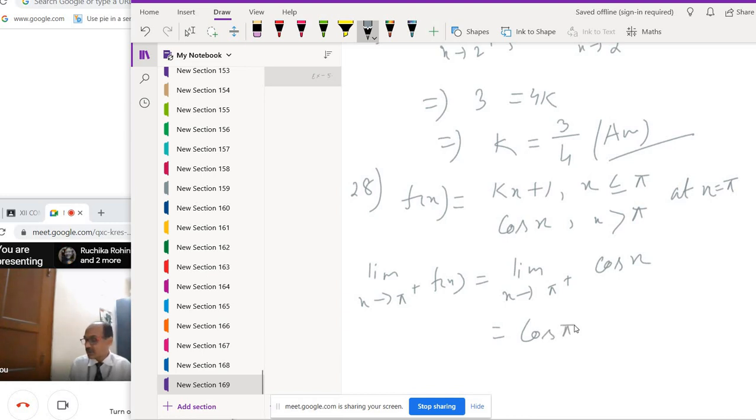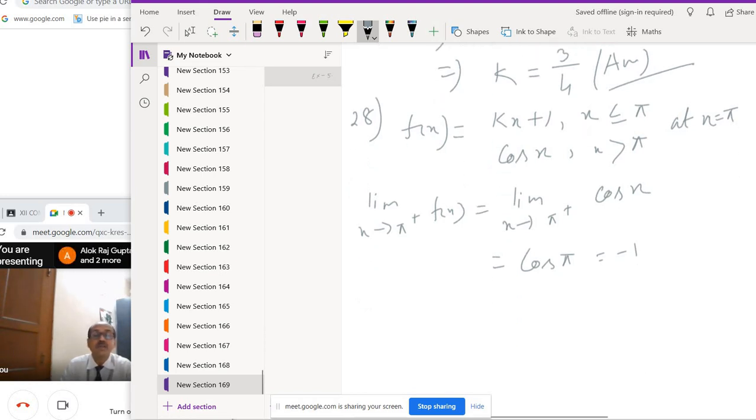What is the value of cos pi? Minus 1. Cos 0 is 1, and in the second quadrant cos is negative, so cos pi is minus 1.